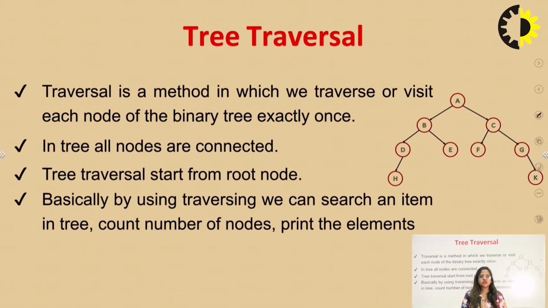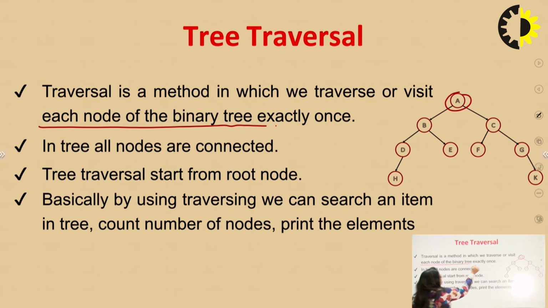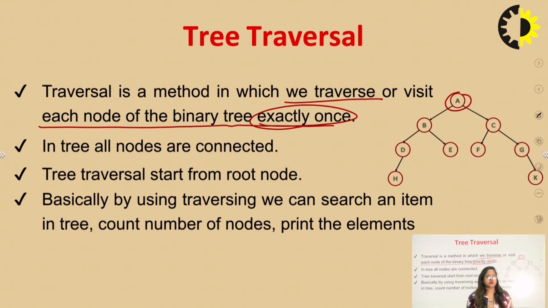What is tree traversal? Traversal is a method in which we traverse or visit each node of a binary tree exactly once. This is your tree, which we can also call a binary tree. Each node of the binary tree that we visit exactly once is called a traversal.